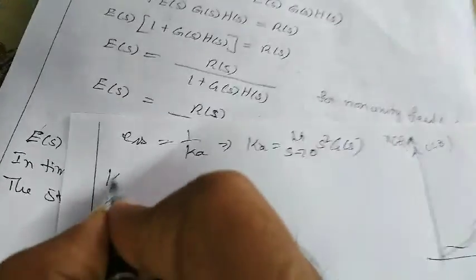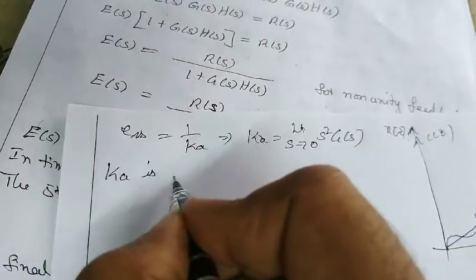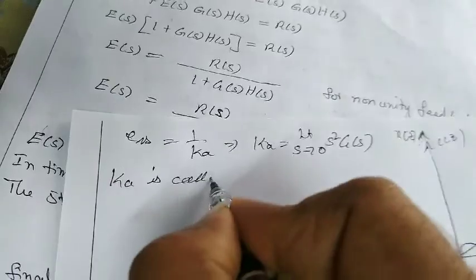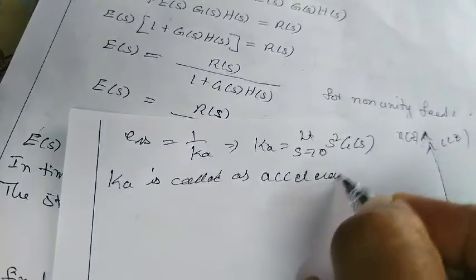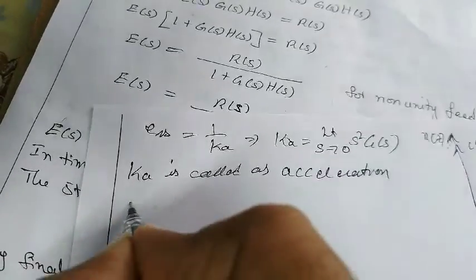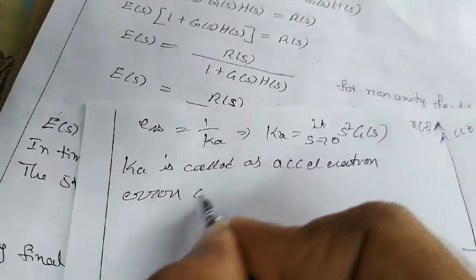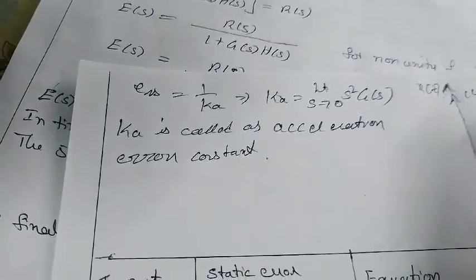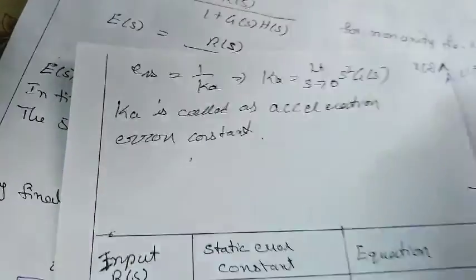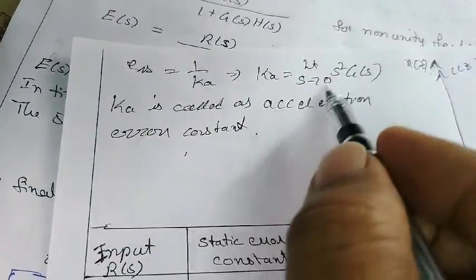So this Ka is called the acceleration error constant. So with respect to parabolic input, we'll get Ka as an acceleration error constant, and ESS is given by 1 by Ka.